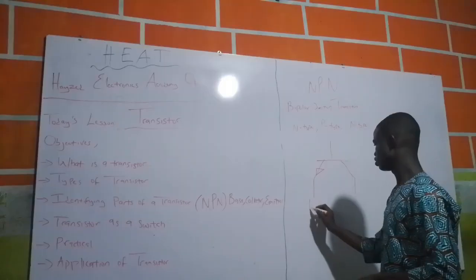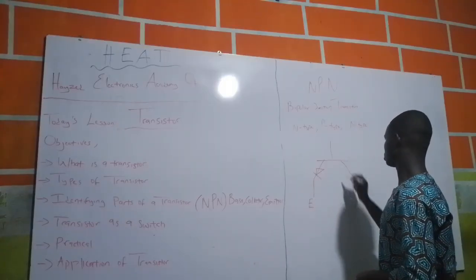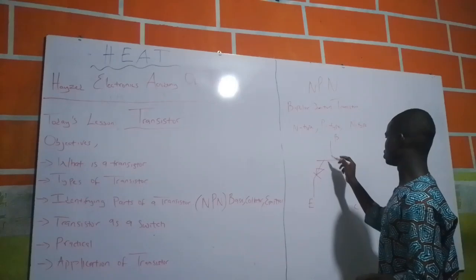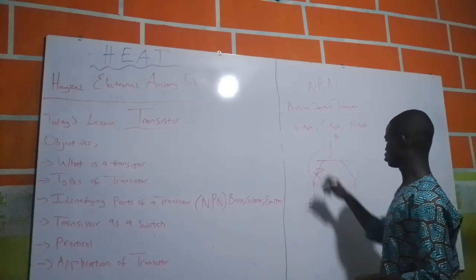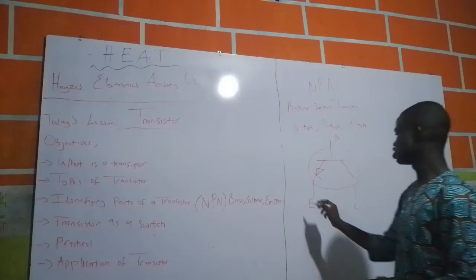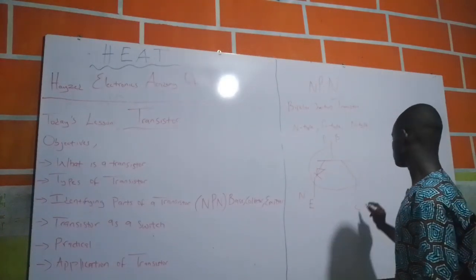This is the emitter, this is the collector, and this is the base. It usually has a round circle. And since we are dealing with NPN, this place is the N, this place is the P, and this place is the N.